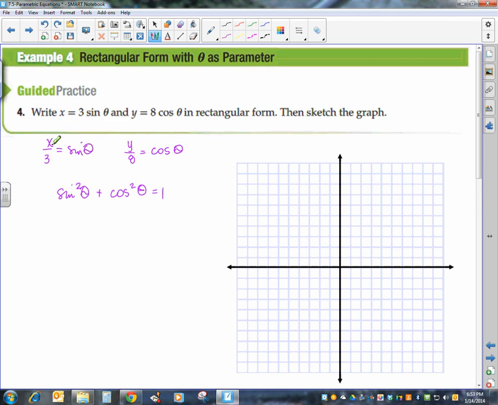So I'm going to plug in my x over 3: x over 3 squared plus y over 8 squared equals 1. Hopefully you can see that's x squared over 9 plus y squared over 64 equal to 1. So we have an ellipse with a center of 0, 0.